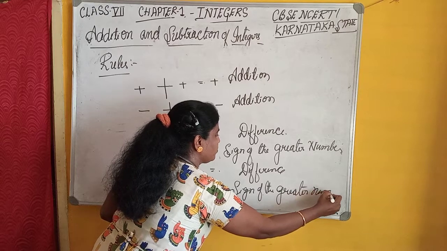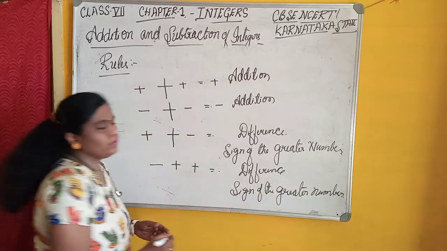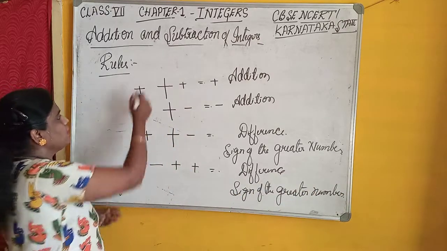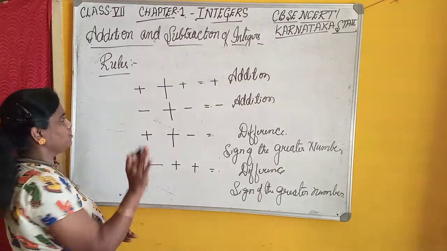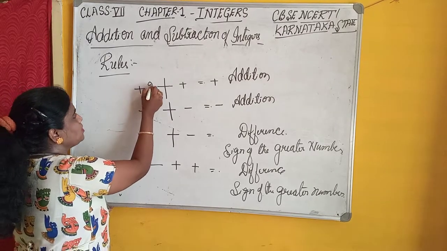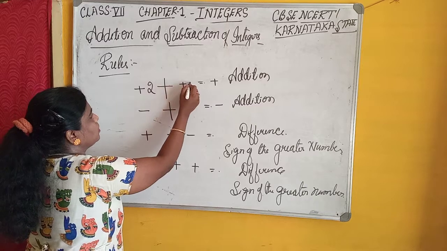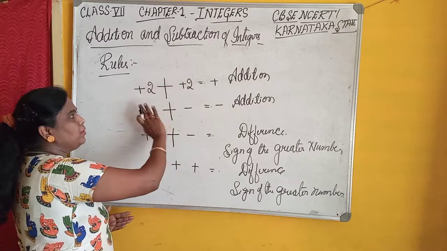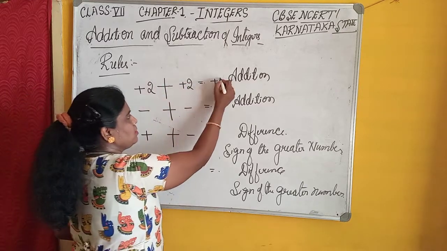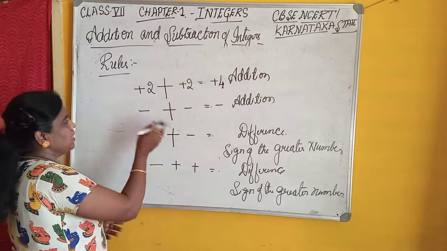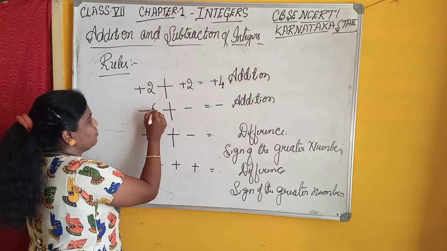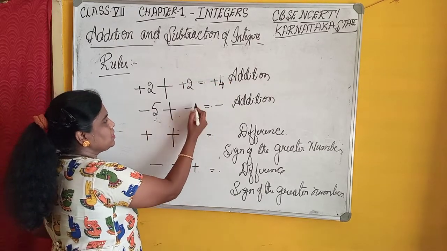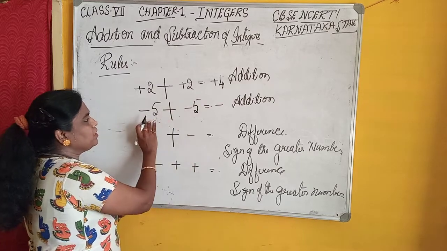Okay, for example, I am taking simple sums. Here plus 2 is there, here also plus 2. Then we are doing the addition. 2 plus 2 is 4. Like this. Here minus 5, here also minus 5.